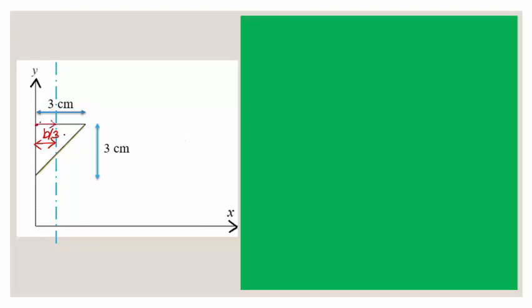So this distance is b by 3. So the centroid of this triangular section is located at b by 3 distance from the reference axis. Okay, x2 is b by 3 from the reference axis. So 3 by 3 is 1 centimeter.